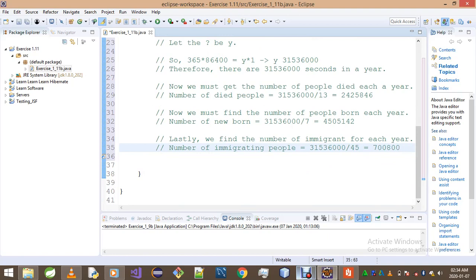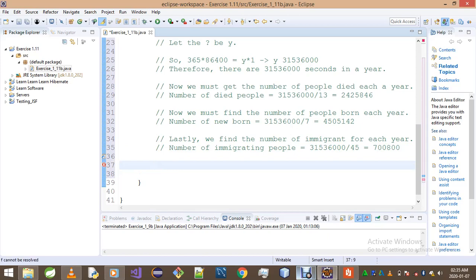So it's time to start displaying the number of people for the first year, and also for the second year, the third year, so on and so forth up to the 5th year.